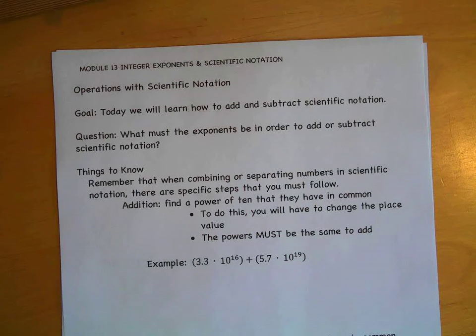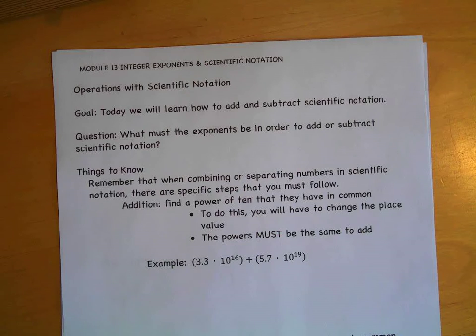Scientific notation is the same way, because it has to be in the same place value in order to figure out the sum or the difference. So the first step when adding and subtracting is to make your scientific notation bases the same. And in order to do that, we have to have them in the same place value.